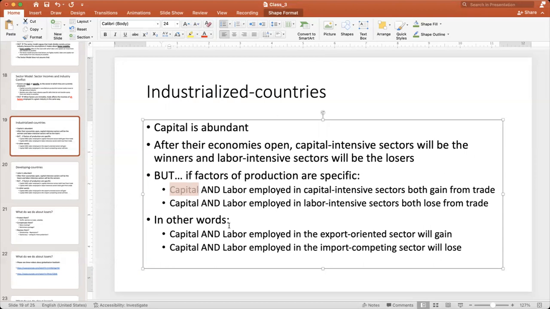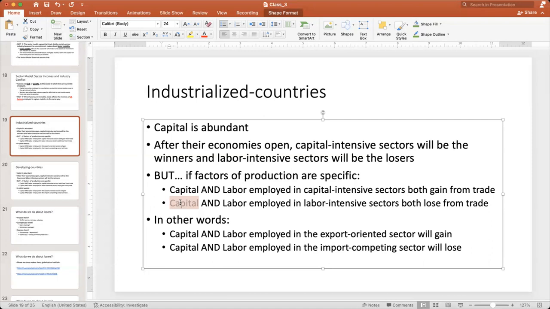However, not only the labor employed in the labor-intensive sectors will lose, but also the owners of capital. Imagine the physical capital that you need to grow plants, to produce avocado, to produce bananas.